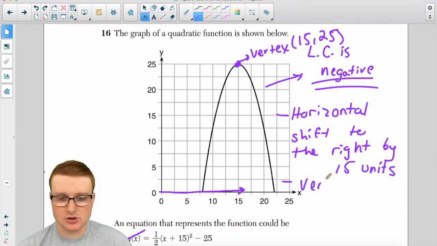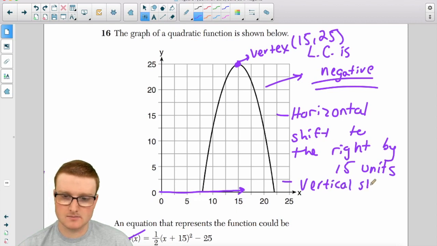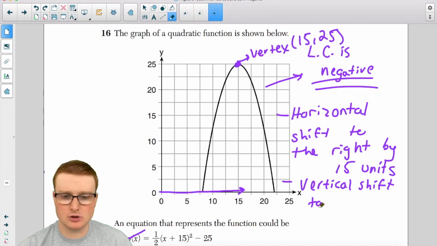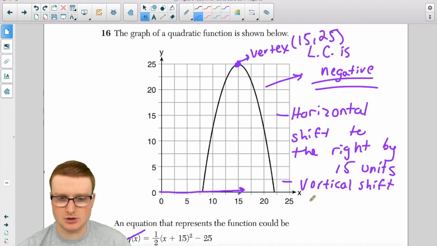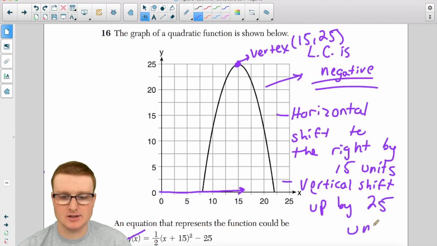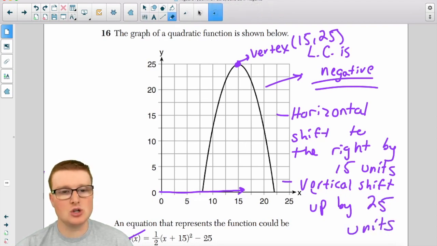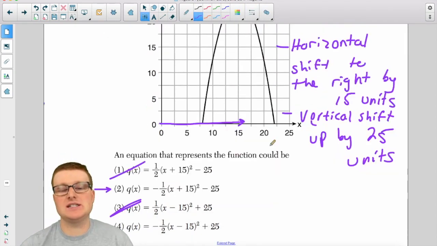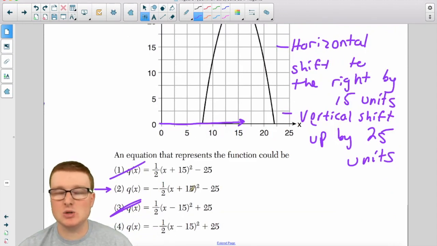Then we have a vertical shift upwards. Vertical shift up by 25 units of measure. So now we just need to take that information and put it into our formula.